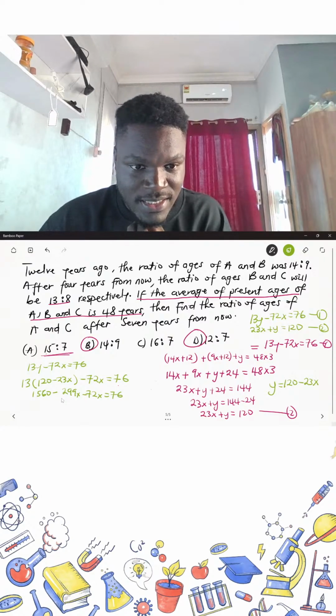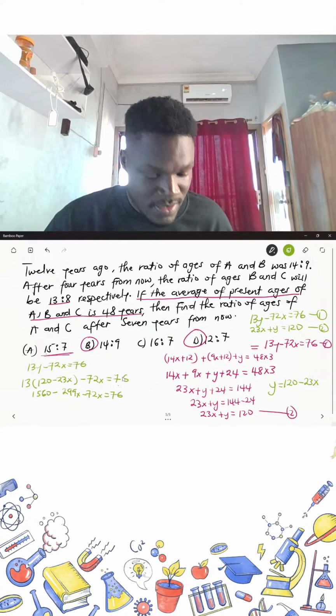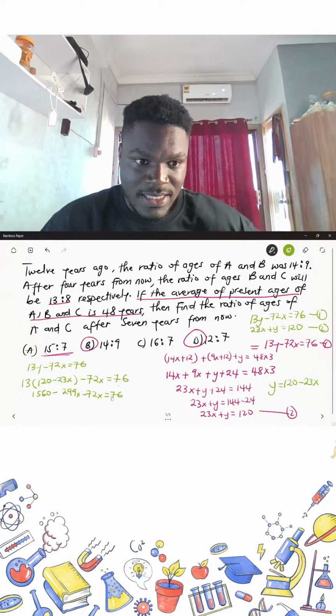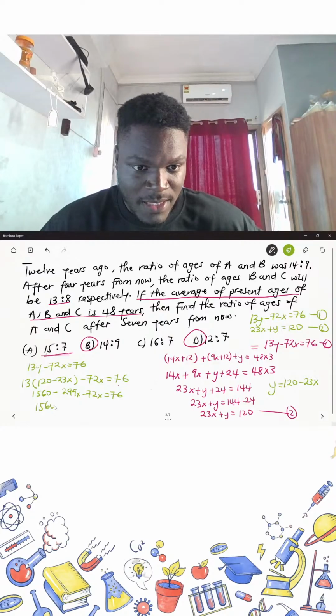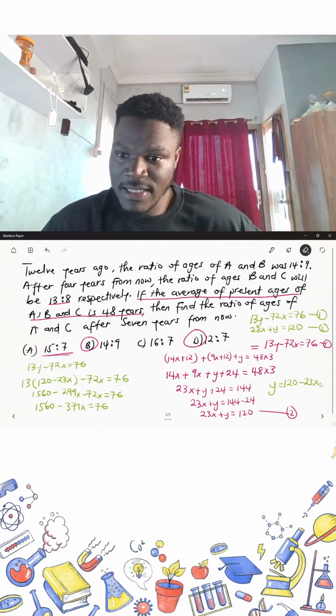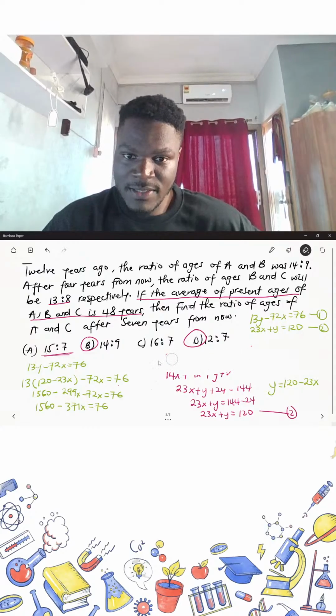So minus 299x minus 72x will be, 299 plus 72 will give us minus 371. So I have this minus 371x is equal to 76. So I'll send this guy to the other side of the equal to sign. So if I do that, let me erase this part.